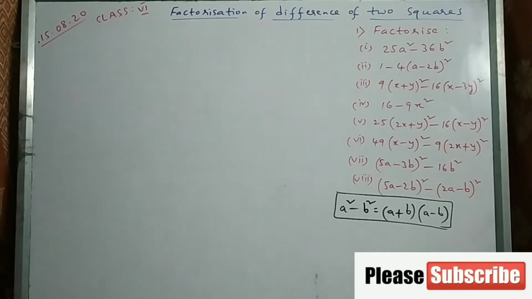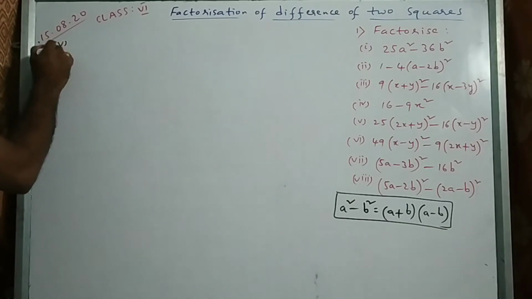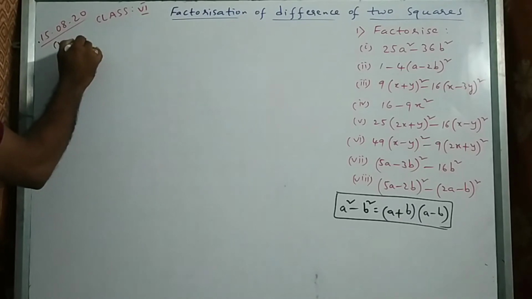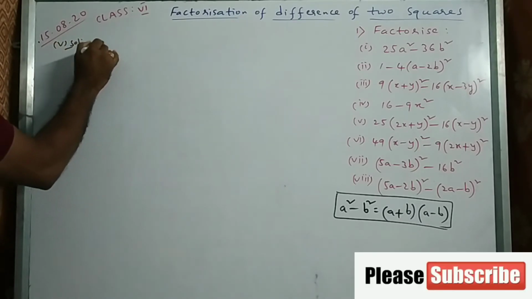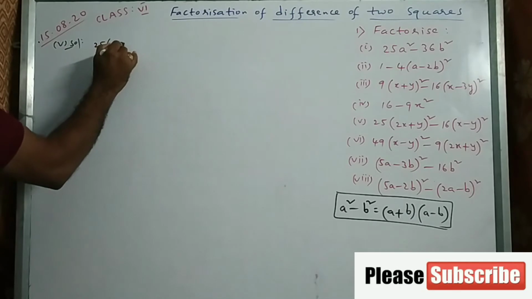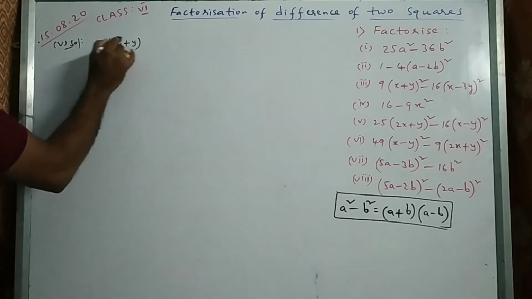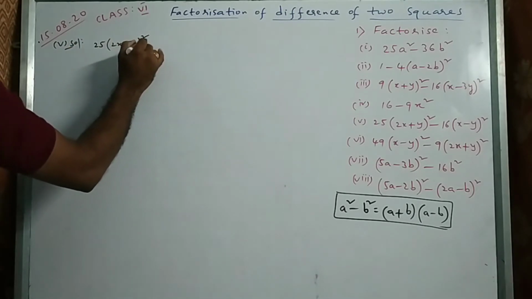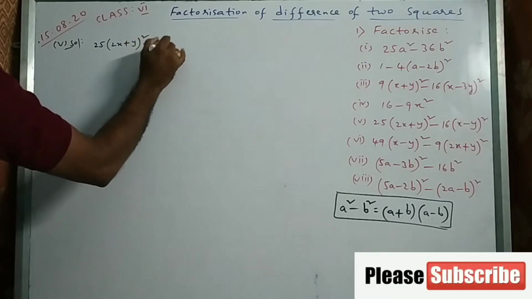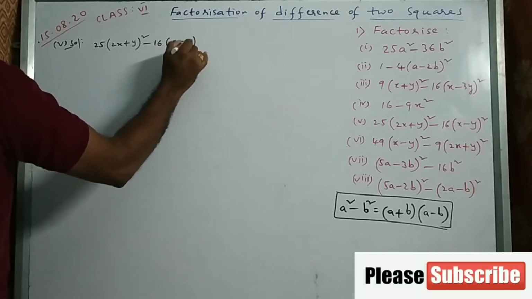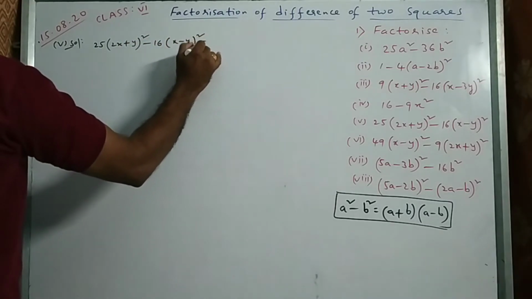See the fifth one. 25 into (2x plus y) whole square minus 16 into (x minus y) whole square.